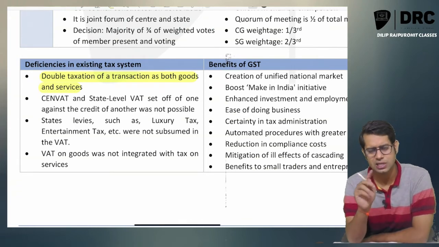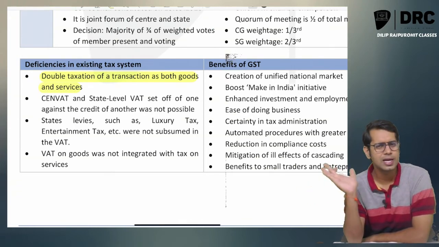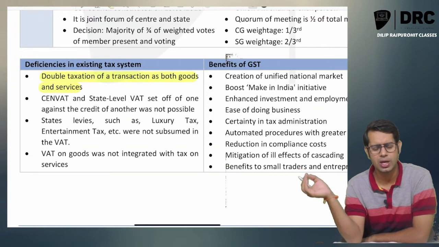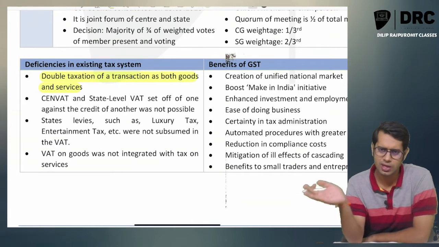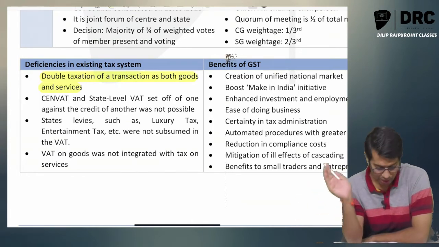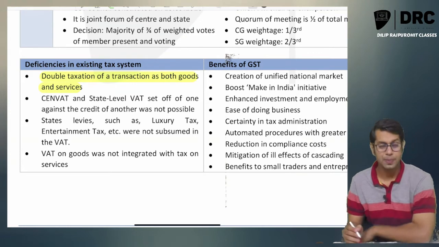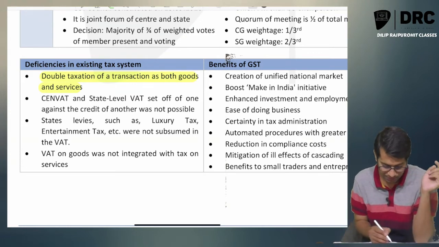A particular transaction was treated as goods also and as services also. We just now saw, I took an example wherein the supply of 2 dosas is treated as goods also and services also, and therefore VAT was levied and service tax was also levied. Double taxation was happening. The same transaction was taxed twice.